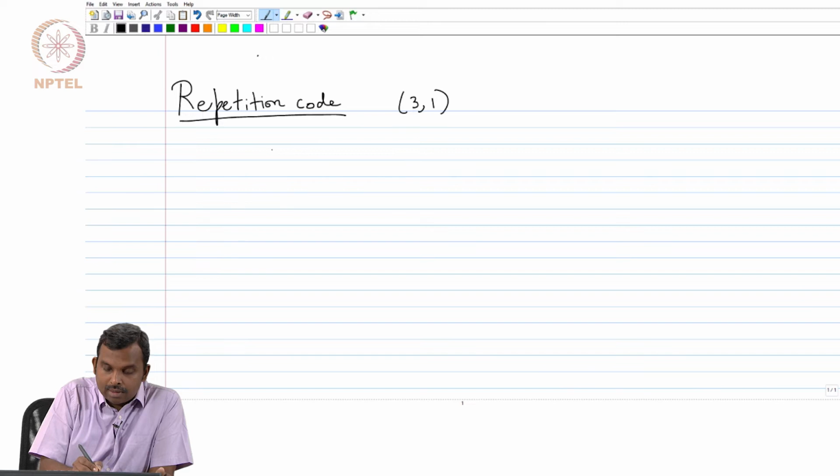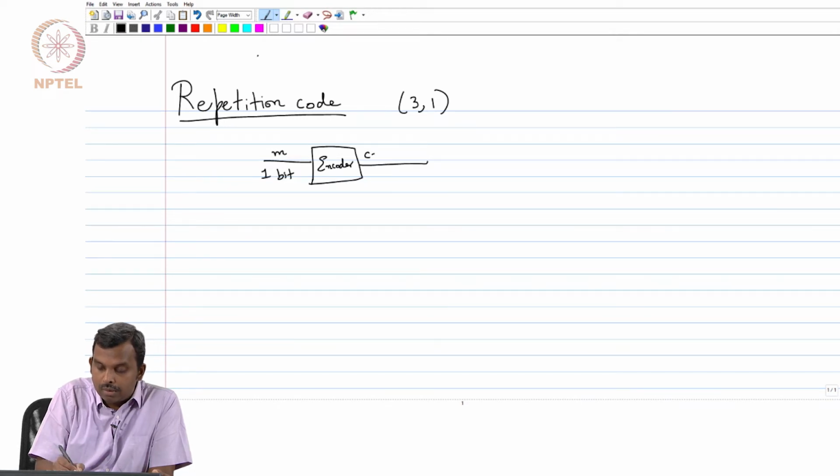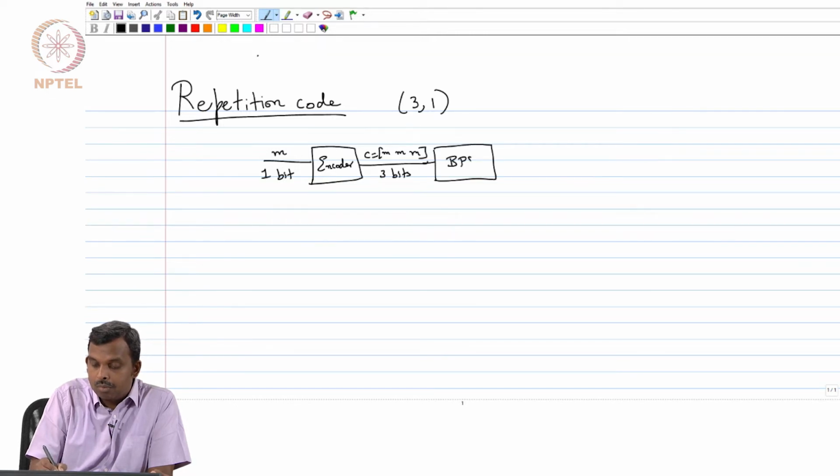So how does this work? Once again, you have a message bit M. Okay, it goes through the encoder. You produce a code word which is M, M, M. Okay, so this is 3 bits. Then you do BPSK.